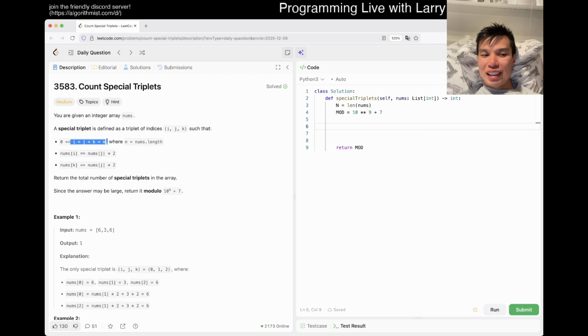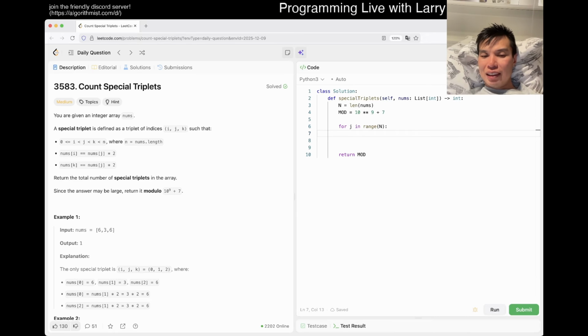Given that this is intuition coming from practice, my intuition is to iterate j. If we iterate j, then you just have to count the number of numbers that are this number to the left, and the number of things to the right, and then that's your thing. If we iterate through all the j's and sum it all up, we should be Gucci, right?